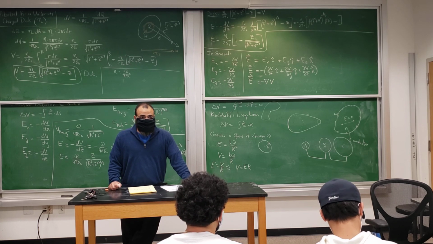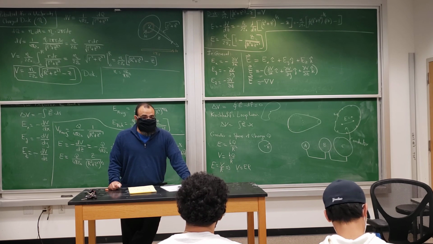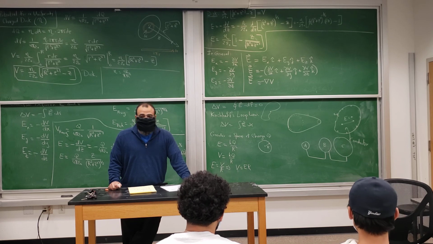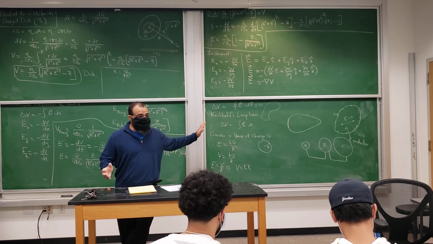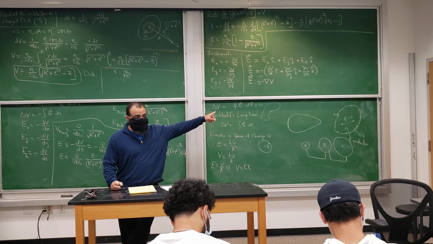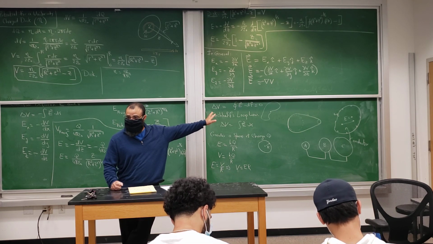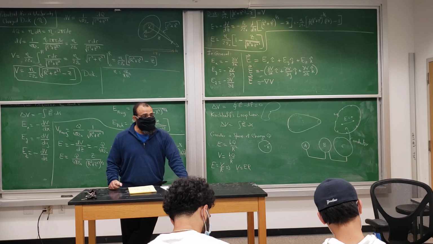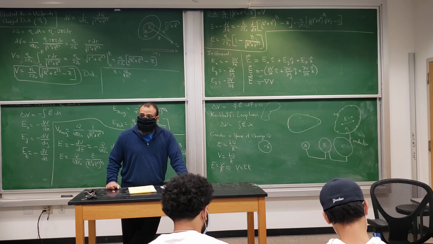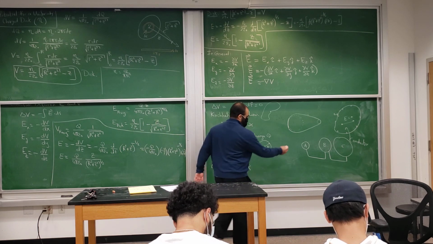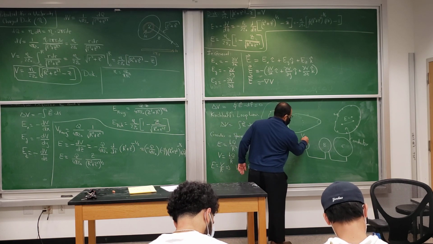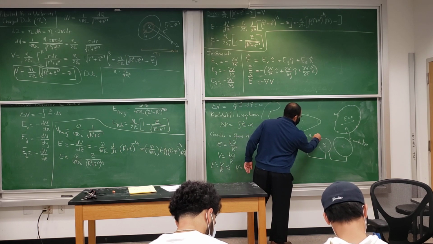They're all the same. It's one conductor now. Charge might flow from one to another, and they just have to adjust to make them equipotential. They all have the same potential. So VA and VB and VC are all the same. The conclusion here is VA equals VB equals VC.